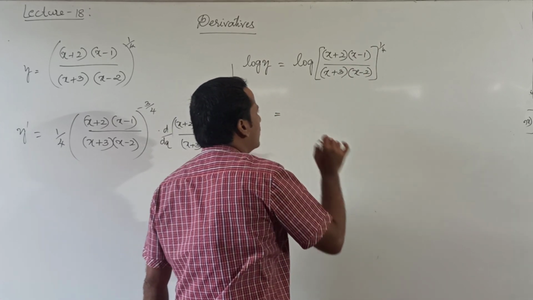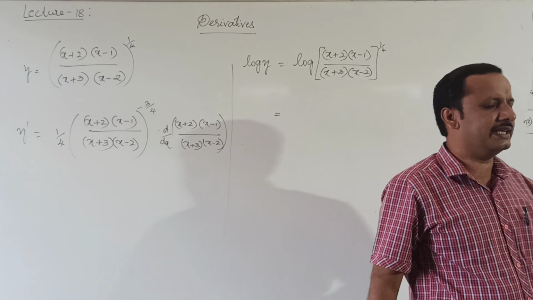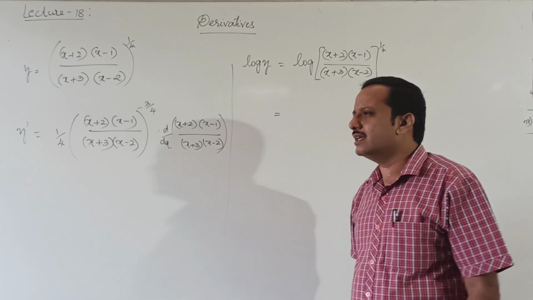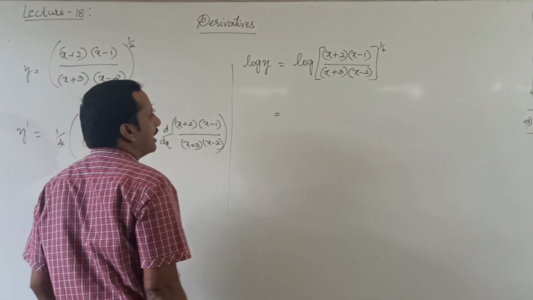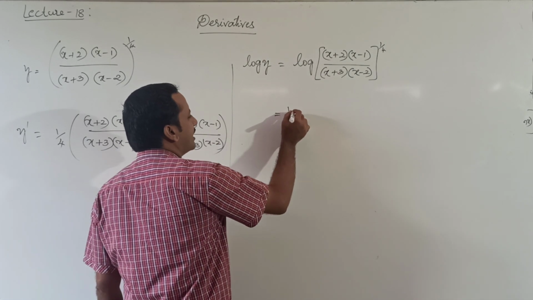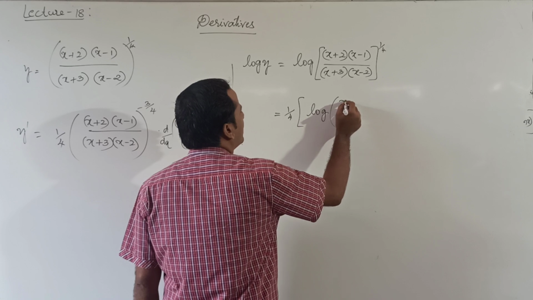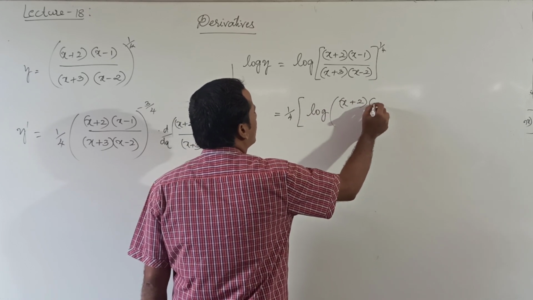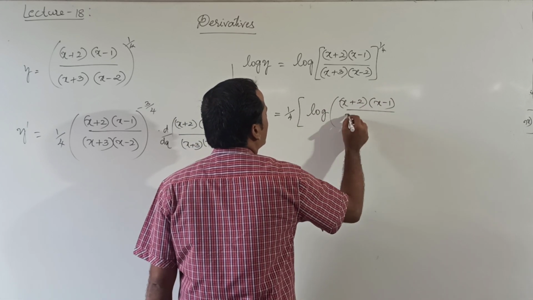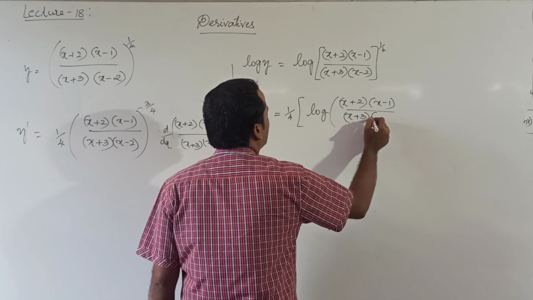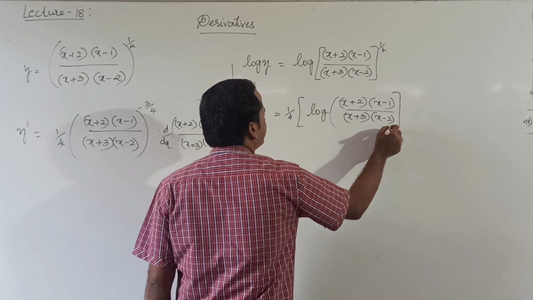Log m power n is equal to n log m, right? So by using that, I can write it as 1 by 4 into log of x plus 2 into x minus 1 divided by x plus 3 into x minus 2.